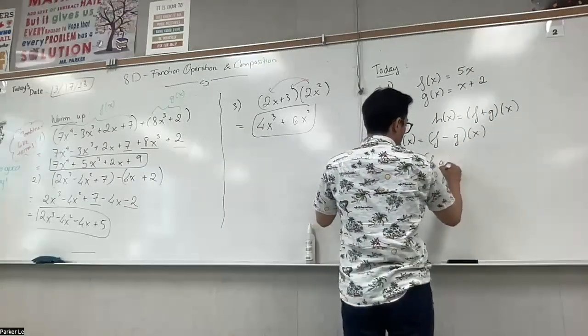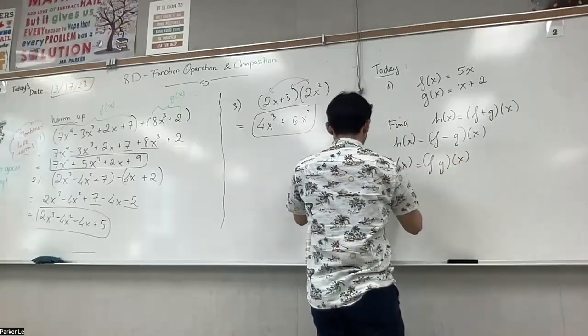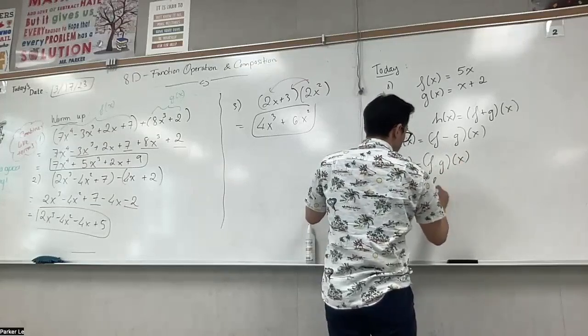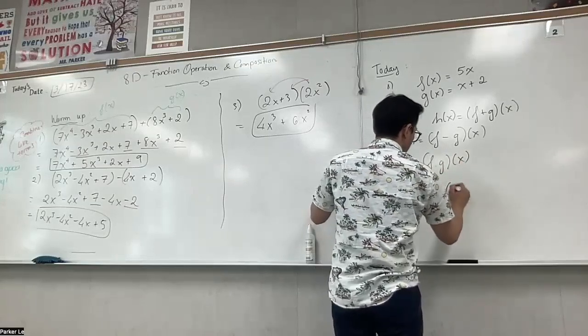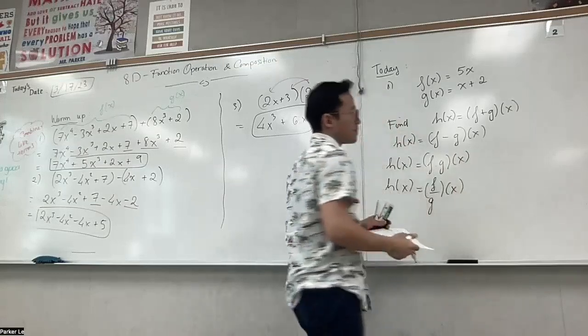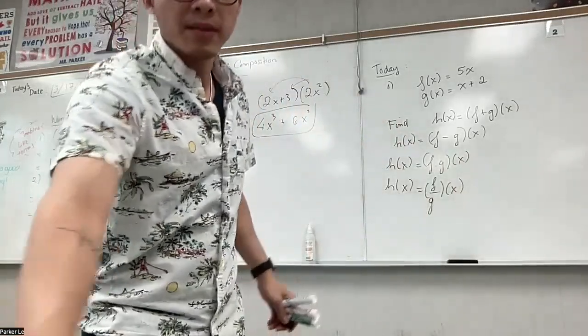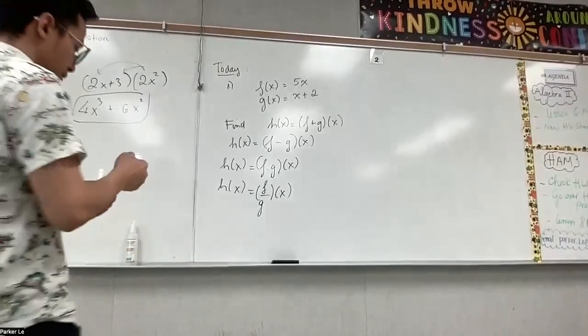What is f times g of x? And what is f divided by g of x? Basically the same thing we have been doing. We just now have a name for it.